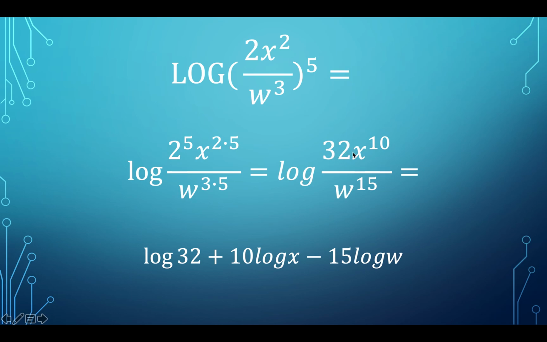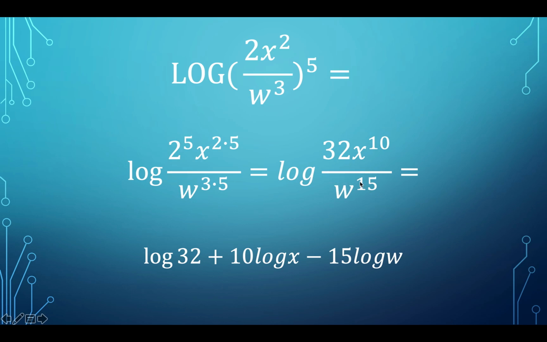Remember, it's 32 times x, so what's going to be between the 32 and the x? A plus sign. And then after the x, because it's all divided by w, it's going to be a subtraction. So we're going to have log 32 plus, remember, because this is an exponent, plus 10 log x.